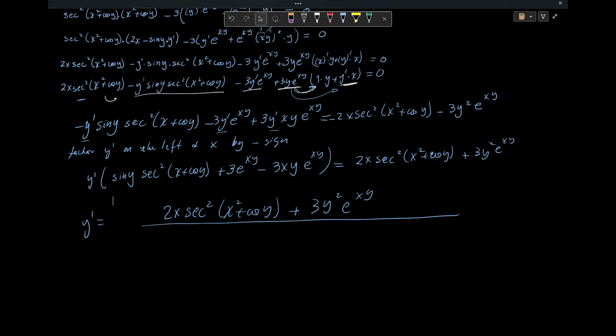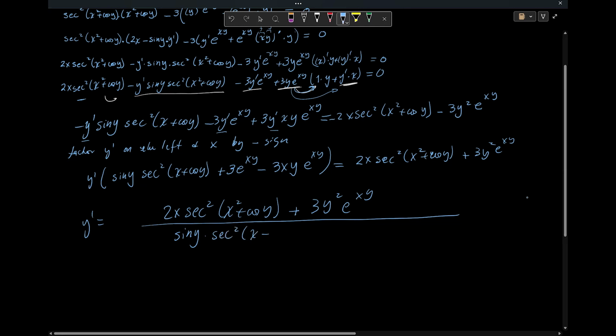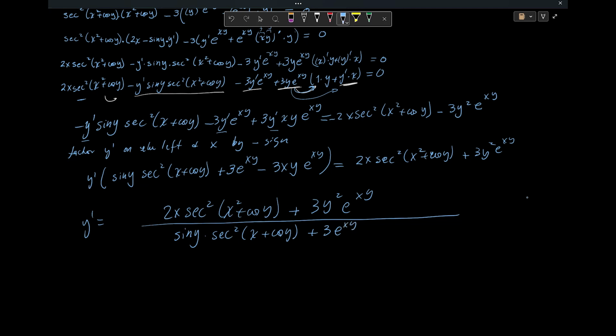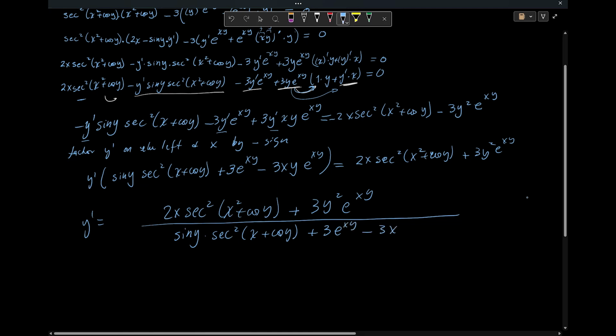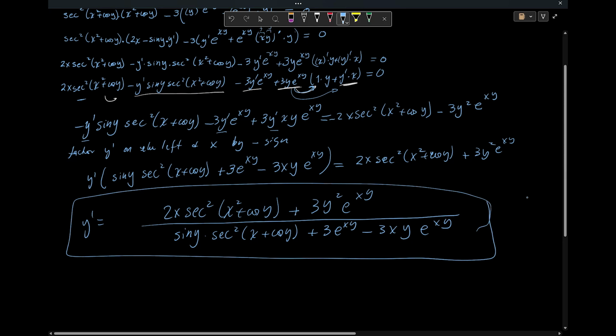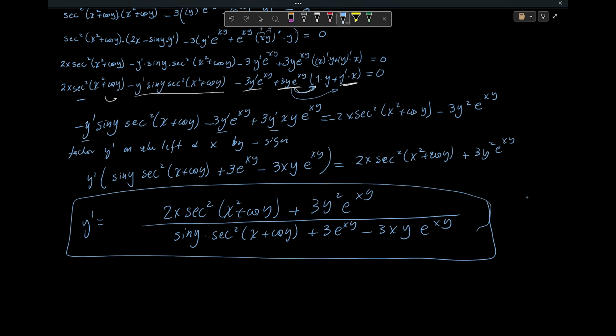Okay? Doesn't look pretty, but I have y prime on one side and everything else on the other side. Again, if I'm given a point, I can easily get the slope of the tangent line, y prime, basically. All right?